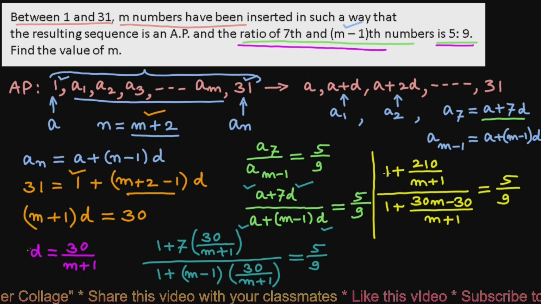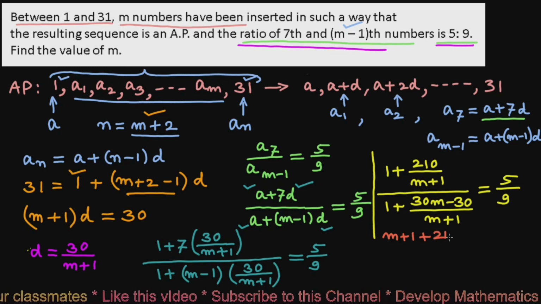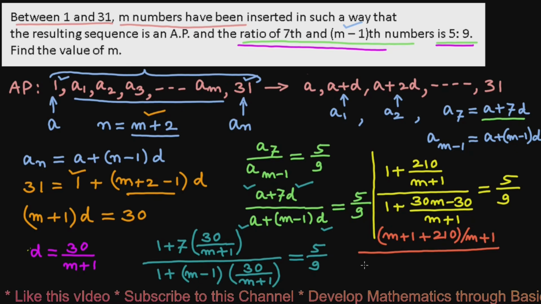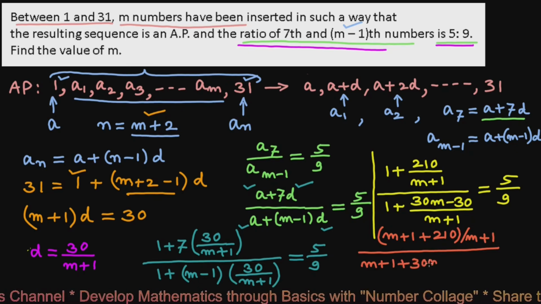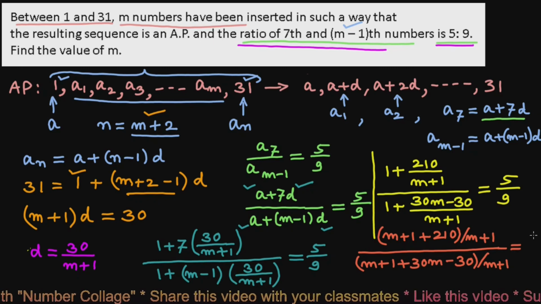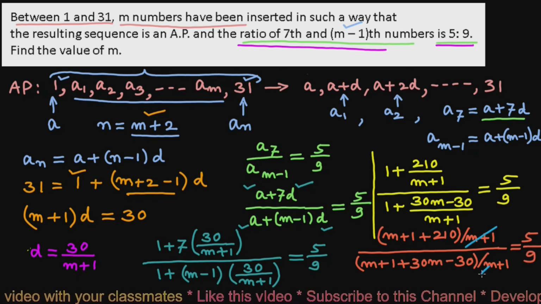That will be 1 into m plus 1 plus 210 upon m plus 1 upon 1 into m plus 1 plus 30m minus 30 upon m plus 1, that equals 5 upon 9. Now this m plus 1 cancels with this m plus 1.